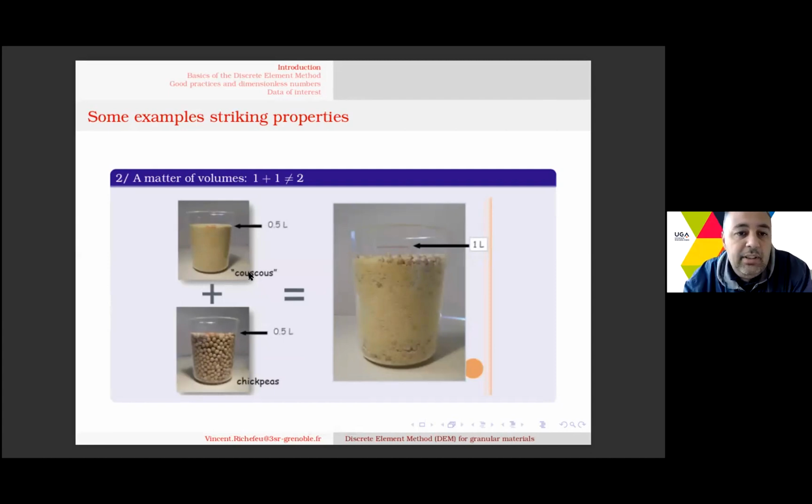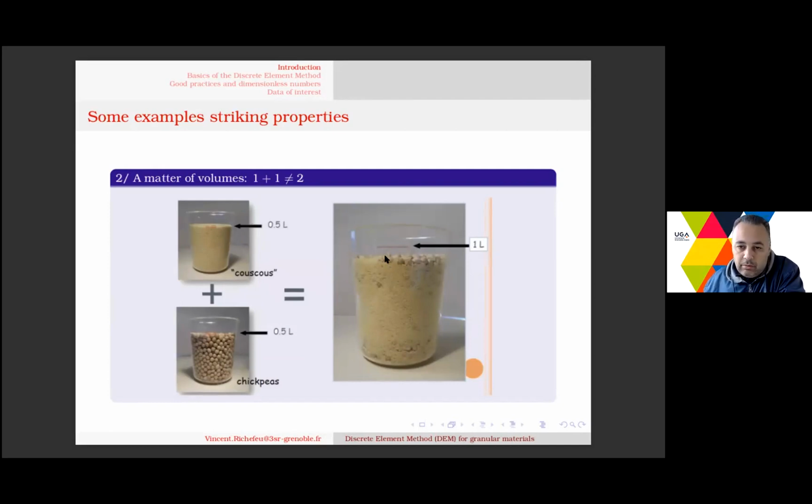Another example concerns the volume. If you take half a liter of small particles with half a liter of slightly bigger particles, we would expect to have 1 liter as a result, but actually we get less. With liquid, this is not the case.